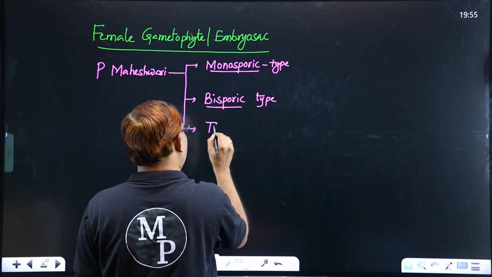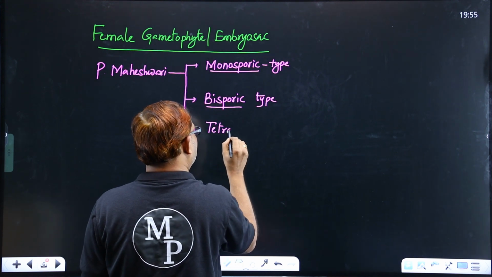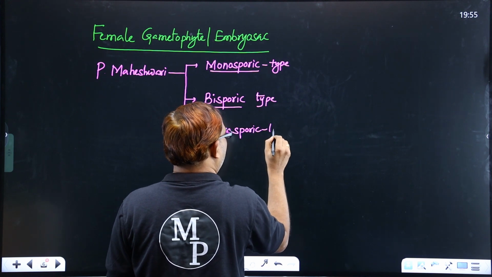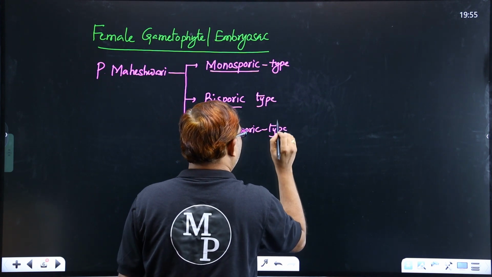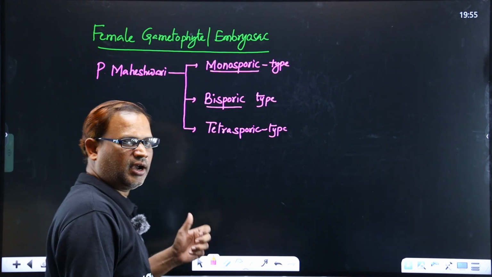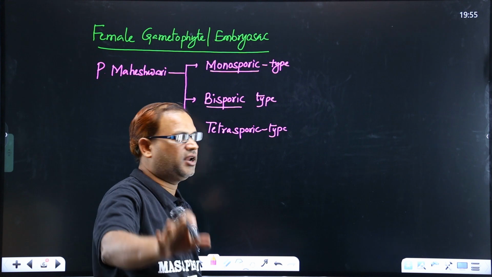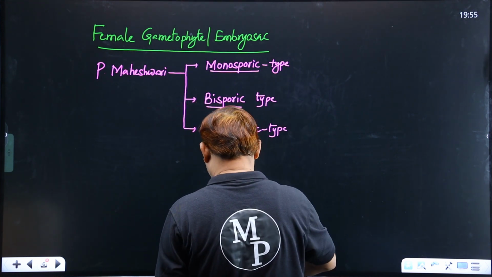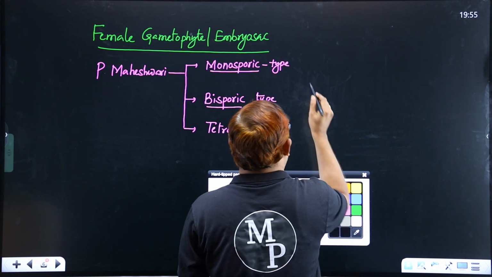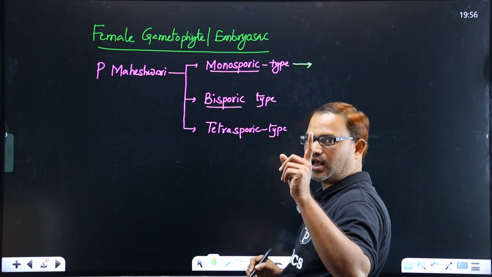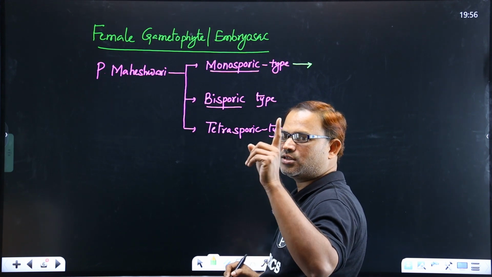The third one is the tetrasporic type of embryo sac. Total three types are there: monosporic, bisporic, tetrasporic. Monosporic type means what? The formation of the female gametophyte from a single megaspore.